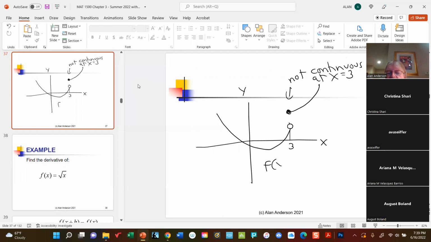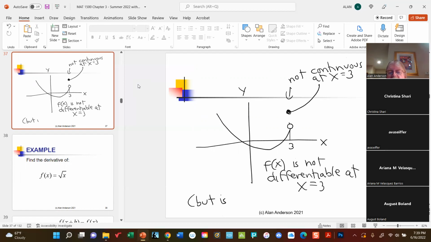So f of x is not differentiable at x equals 3. And I'll put in parentheses here, but is differentiable everywhere else. So in other words, if we needed the derivative where x equals 3, we'd be out of luck because it does not exist. And so we can run into this for very strange functions.